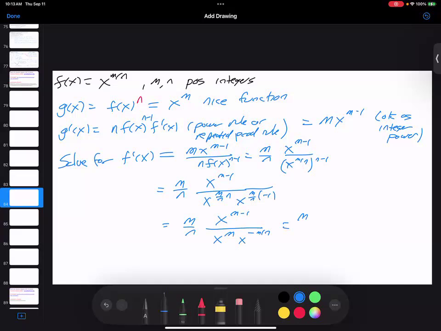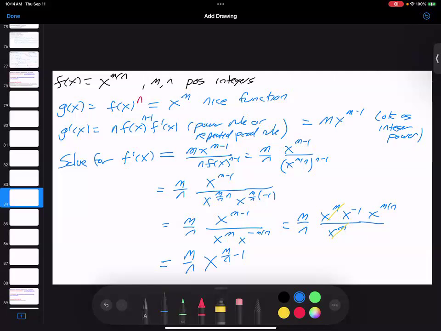So that's m over n, x to the m minus 1 over x to the m, and the x to the negative m over n becomes an x to the m over n upstairs. Right? 1 over x to the negative 3 is just x to the 3. And now notice the x to the m's cancel, and when the dust settles, we get m over n, x to the m over n minus 1.